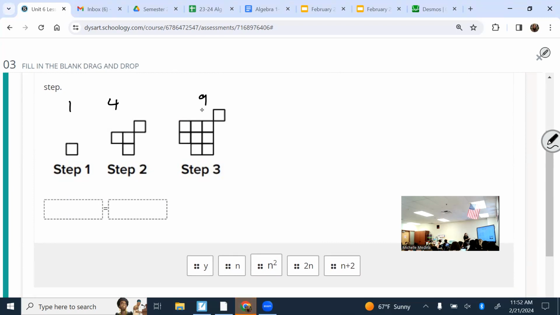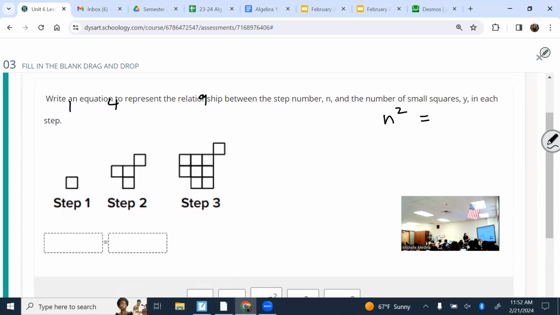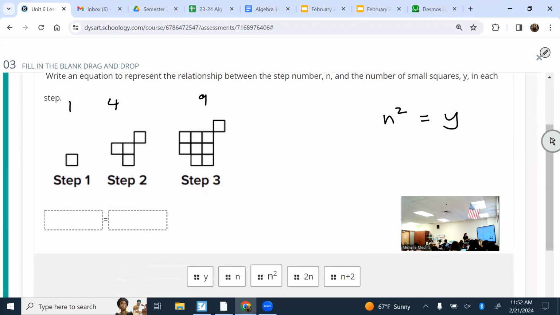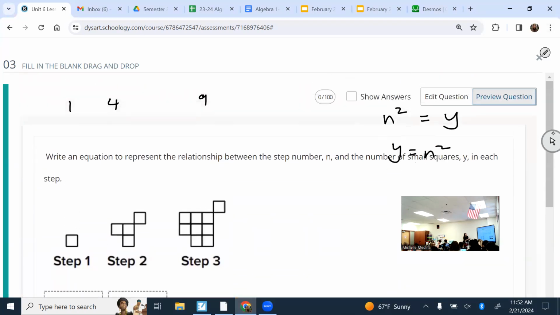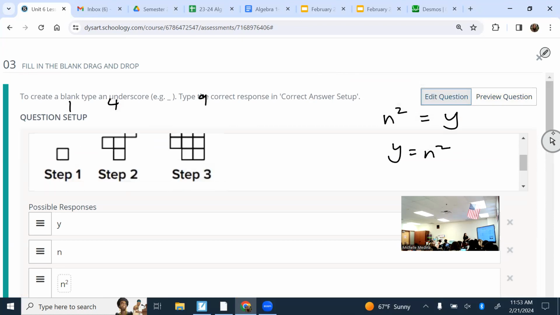So if my step number is supposed to be N, it's gonna be N squared equals, they said Y is the number of squares. It should give you points if you write it like this, or like this. So let me see if it cares.